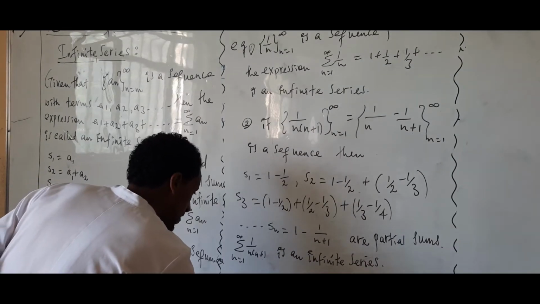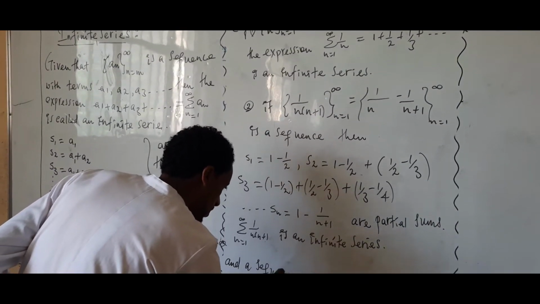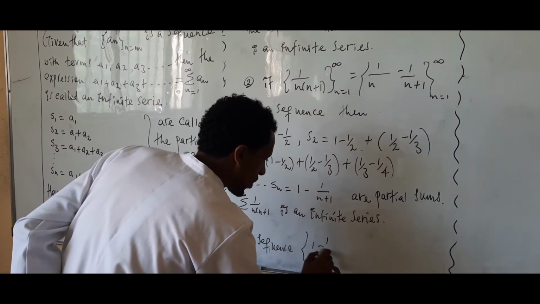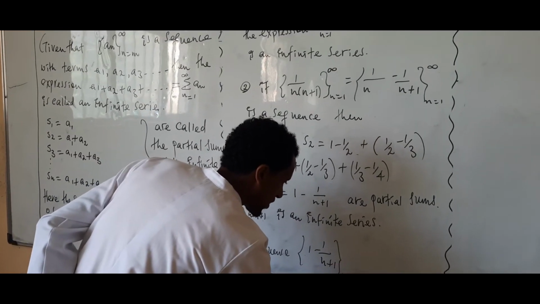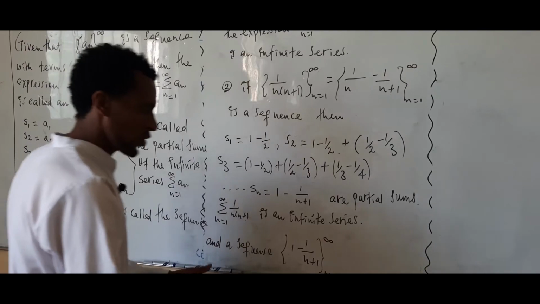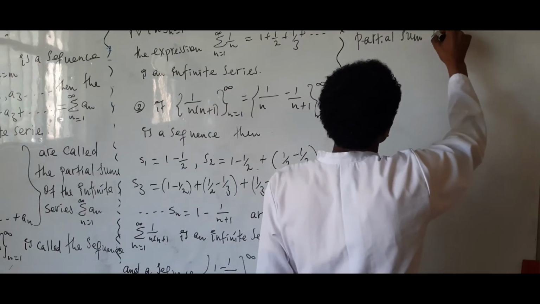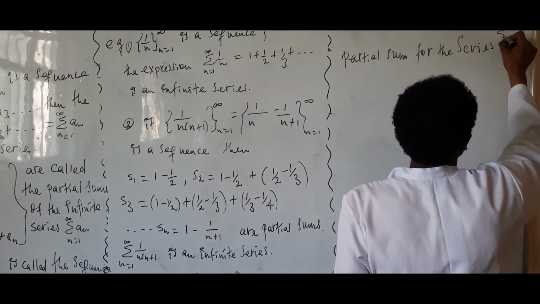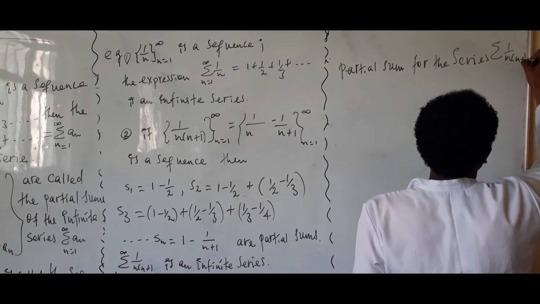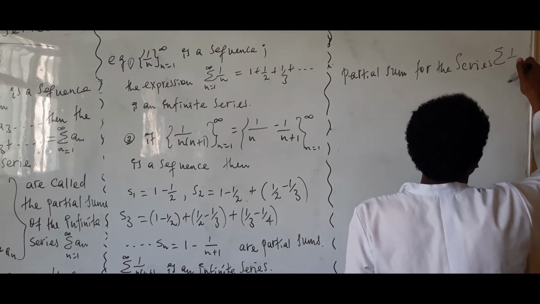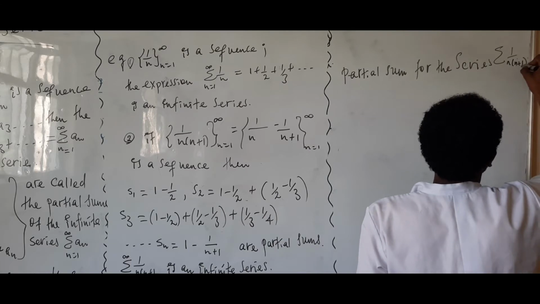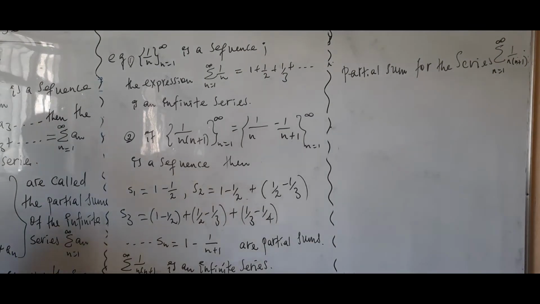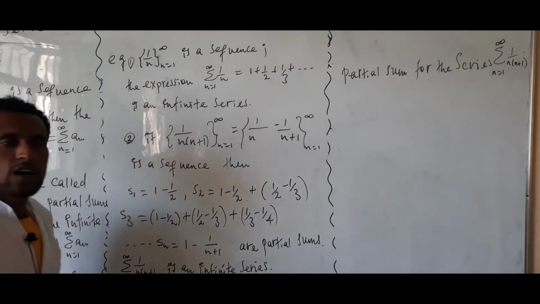And the sequence Sn that is equal to 1 minus 1 over n plus 1 when n from 1 to infinity is called the sequence of partial sums for the series, sum of 1 over n into n plus 1, when n is from 1 to infinity. So this one is all about what an infinite series is.